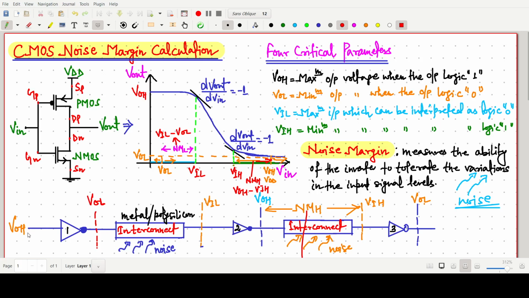If VOH is the input, the output is VOL. With some noise there, for a proper output, the range will be up to VIL. So between VOL and VIL there is a noise margin, that is our NML.